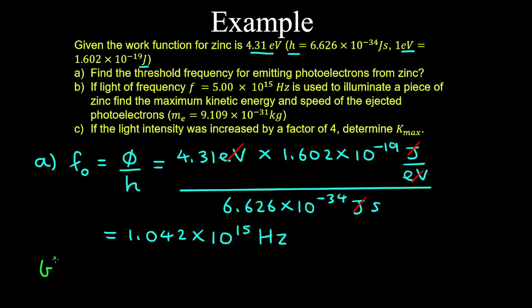Now in part B, if light with a frequency of 5 by 10 to the 15 hertz is used to illuminate a piece of zinc, find the maximum kinetic energy and the speed of the ejected photoelectrons. So we have the maximum kinetic energy is equal to Planck's constant times the frequency of light minus the work function.